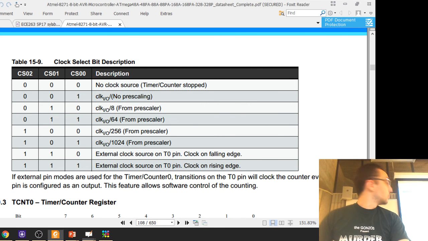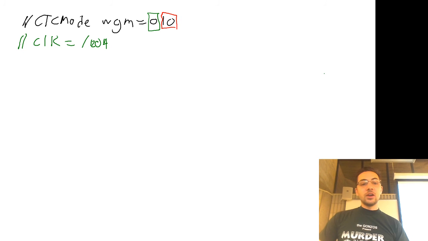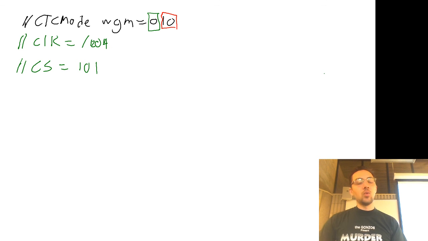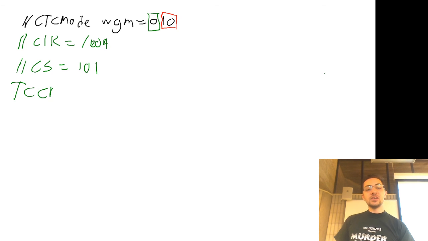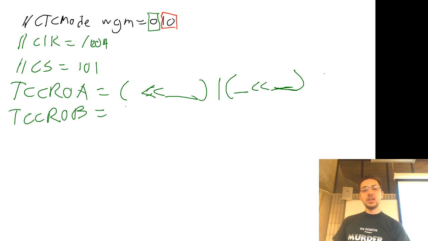So I know that my CS bits must equal 1, 0, 1. From there, I can do this in 2 lines. I can say TCCR0A equals some stuff shifted by some other stuff, ORed with some stuff shifted left by some other stuff. I'll let you figure that out, okay? And then the second line is I also need to say TCCR0B equals some stuff.